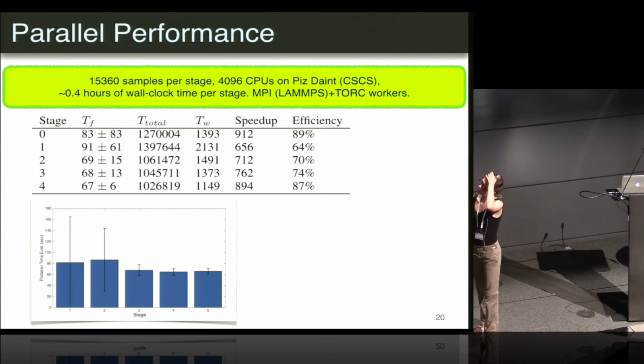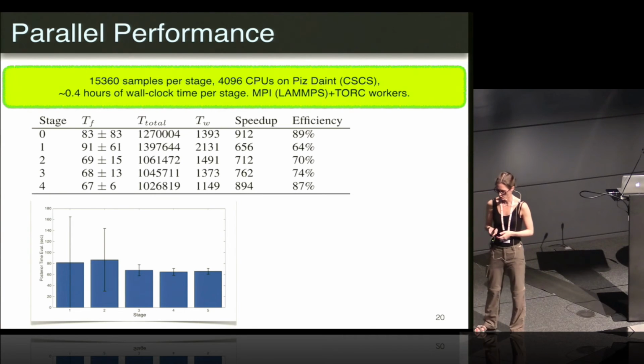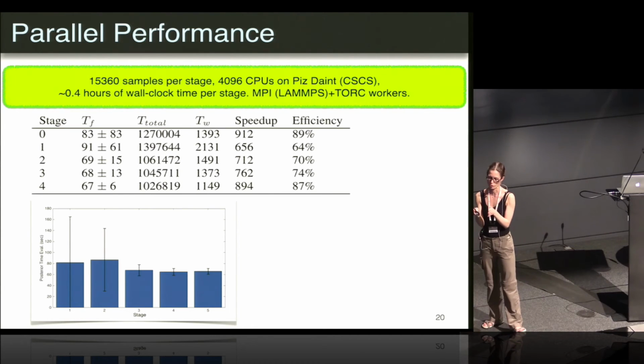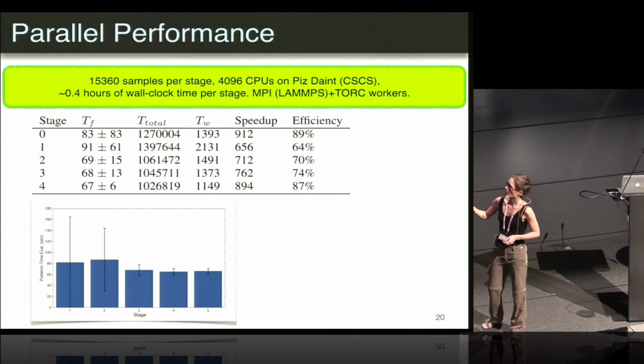That's because in our case, the sigma parameter in the Lennard-Jones potential contributes a lot to the function evaluation time. So at the first stage, it varies wildly, while in the last stages, it converges to more or less one estimate. That's why initially we have a high variance, and at the last stage it is almost negligibly small.